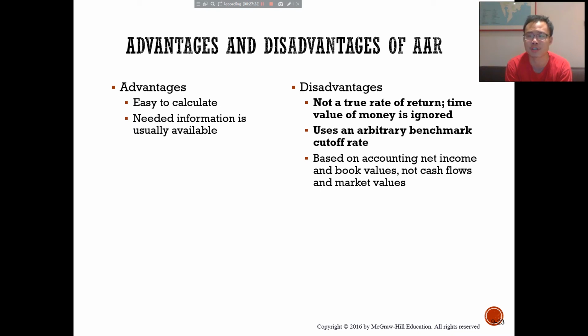For example, you purchased some computers 10 years ago, and in your accounting books, you still record these computers' values there, their purchasing price, but actually in the market, far faster computers have been offered. So your computers' market values can be pretty low, but it's not really reflected in your calculation.